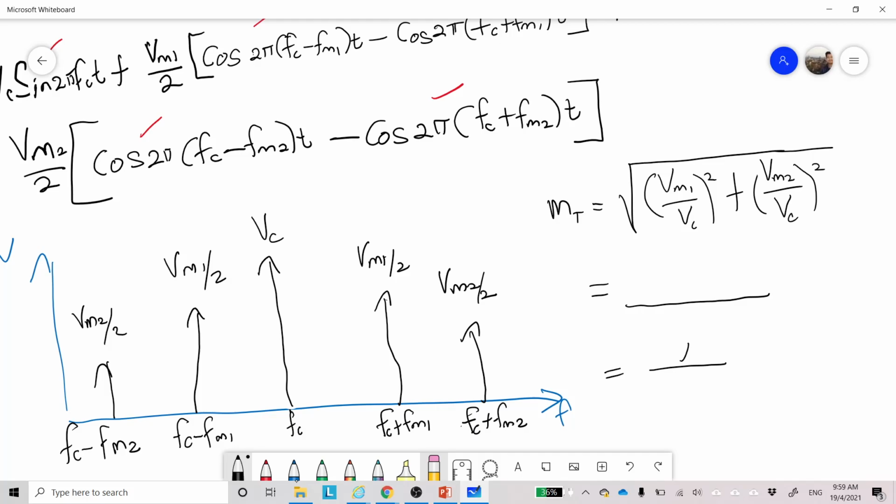I just want to show you the first input, and then plus the second input, PLSB2 plus PUSB2.